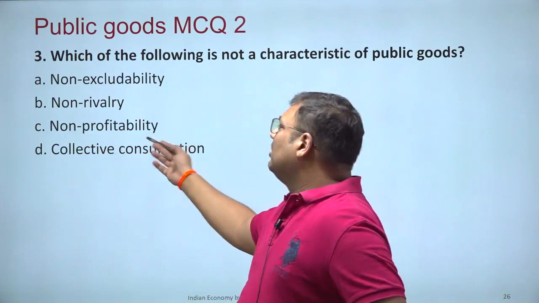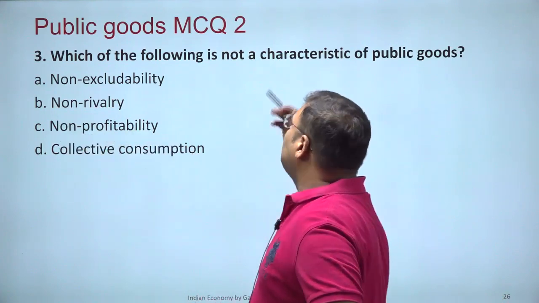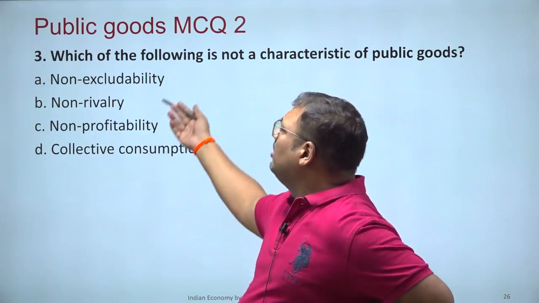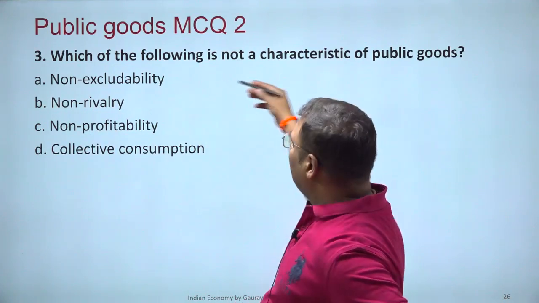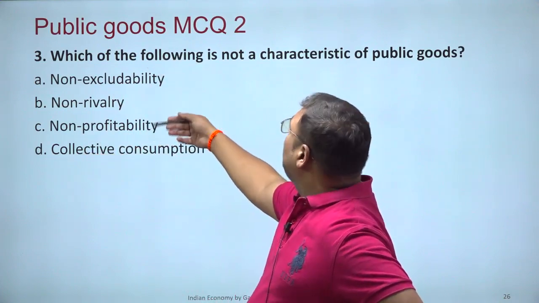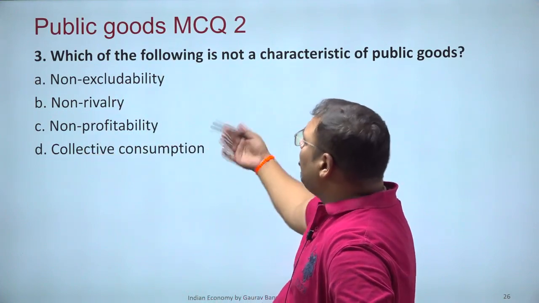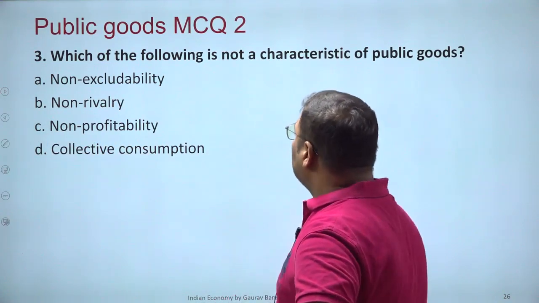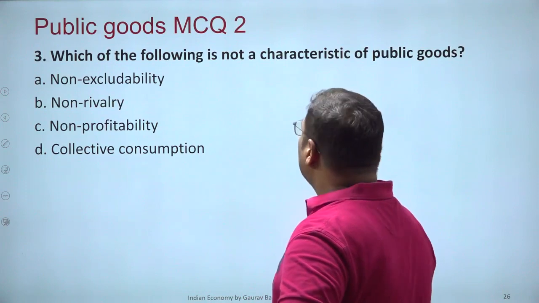It is not a necessary feature. Collective consumption can be an option. A and B are definite features. D is relatable to public goods. C, you can't say it is not. It may or may not. So C in this case should be the answer. Okay, so that completes the topic of public goods.